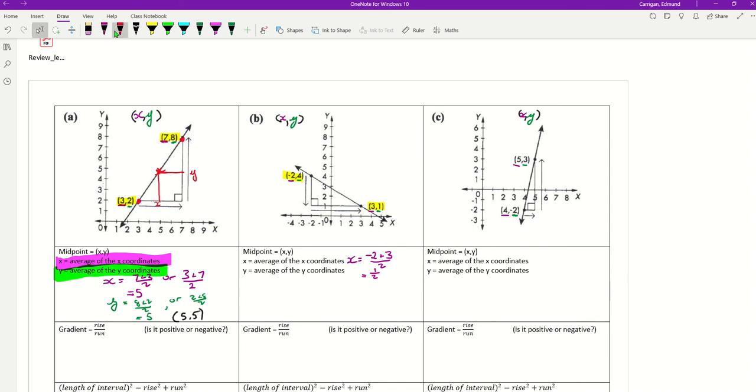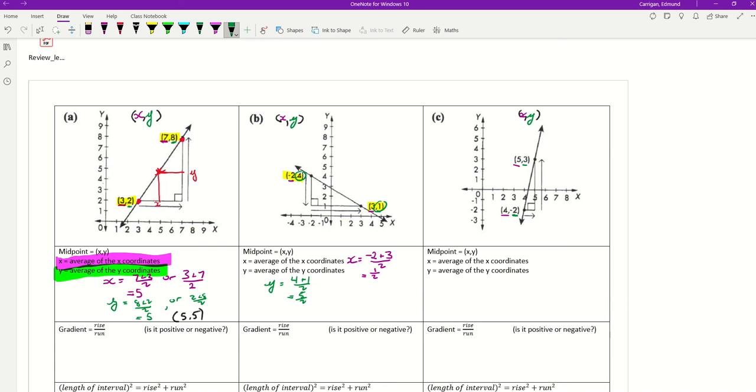Now for the y coordinates, we've got the average of those. So y is equal to, doesn't matter which order we put them in, there's one y, there's the other y, 4 plus 1 on 2. Is equal to 5 on 2.